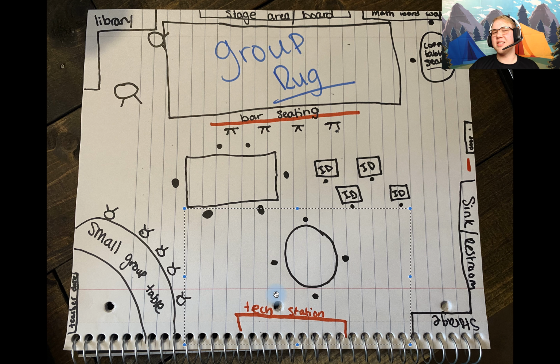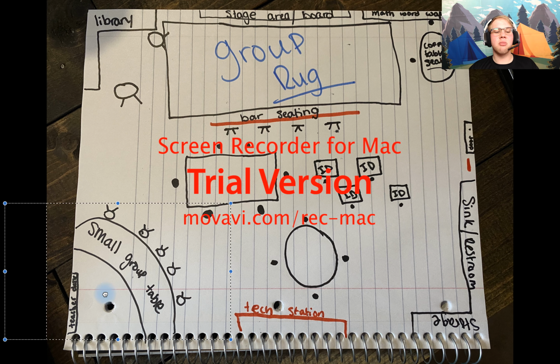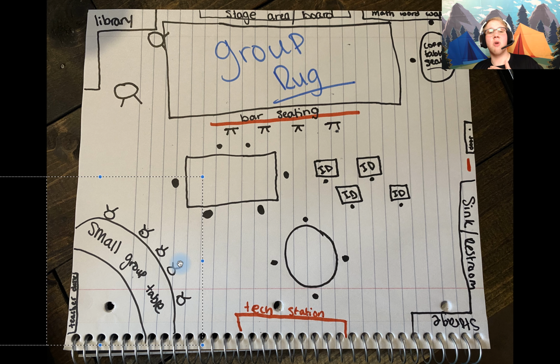Right behind that, I have a tech station. This might be the district's or the classroom's computers, laptops, iPads, Chromebooks, whatever needs to be back there. Just a little spot for that. Back here is probably one of the most important parts to the teacher and the classroom, in my personal opinion: the small group table.